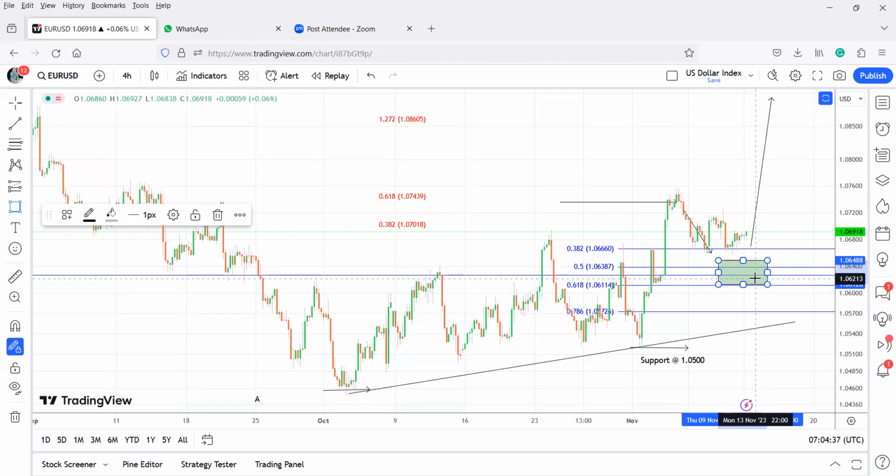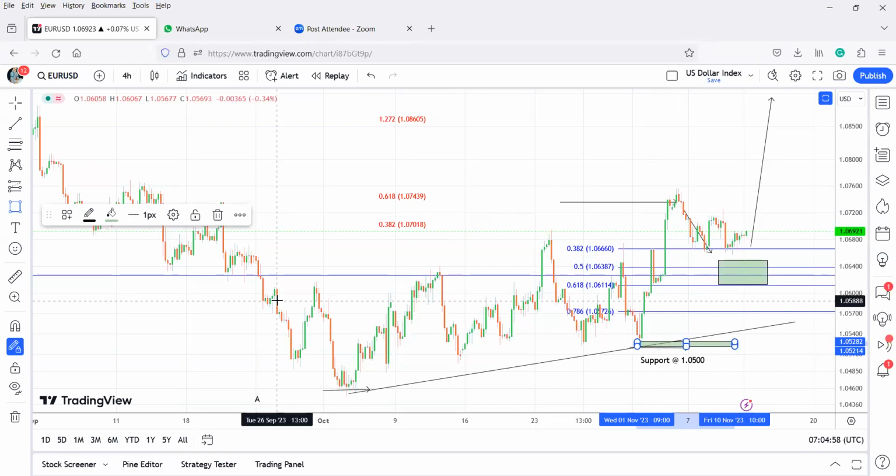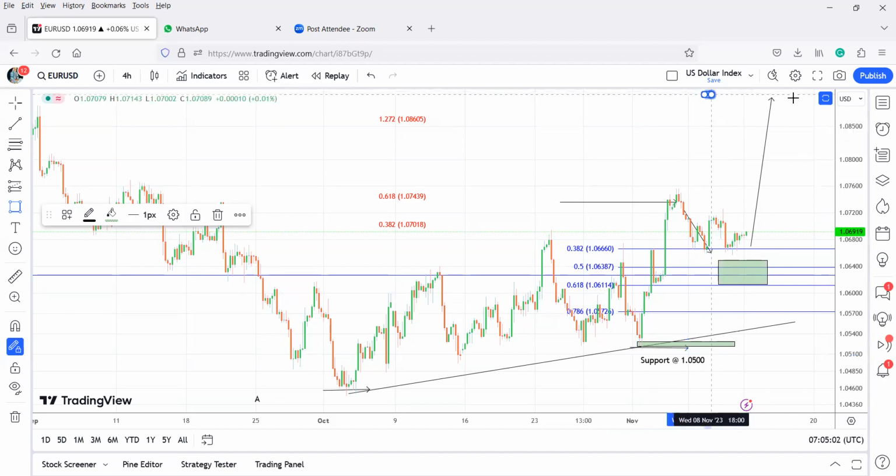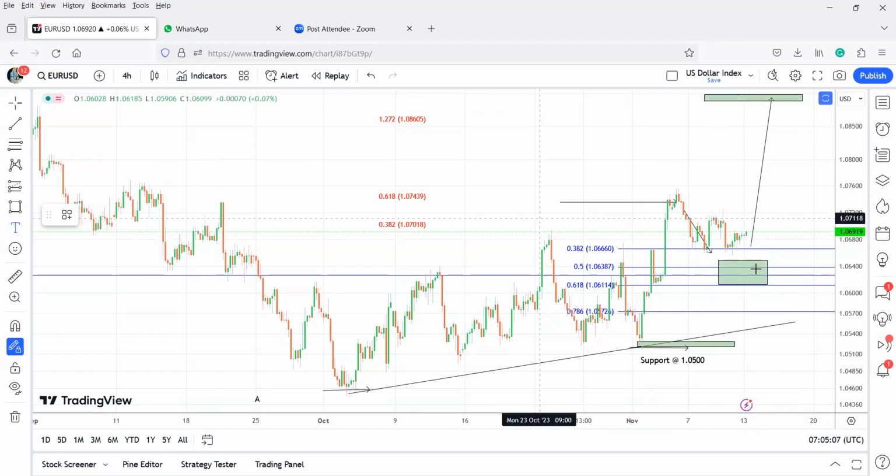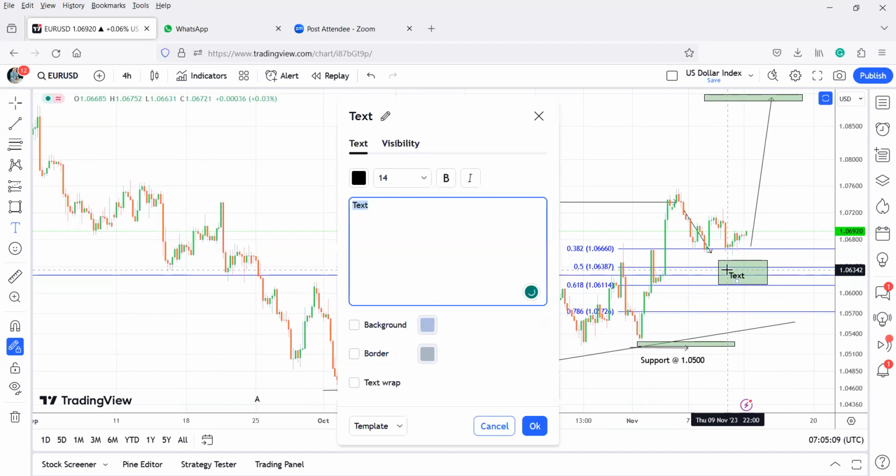You should go and take a long position, and in fact, you can start buying partially from here as well. Where you would want to place your stop loss is here, 1.0500, and you can then take it towards the upside target of 1.0806.